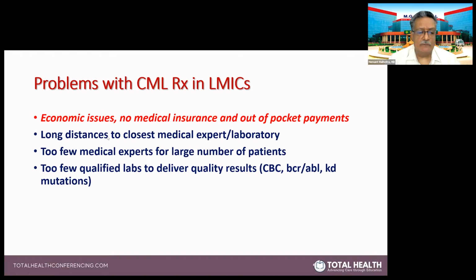Just to highlight 4 important problems for you: economic issues, no medical insurance and out-of-pocket payments, long distances to the closest medical expert laboratory, too few medical experts for a huge number of patients, and too few qualified labs to deliver quality BCR-ABL and kinase domain mutations. And amongst these 4, the most important factor remains the economic issues.